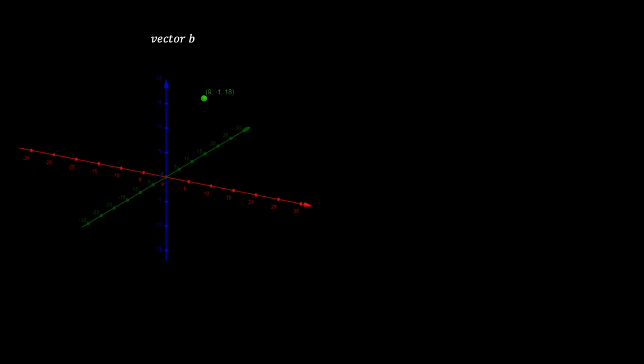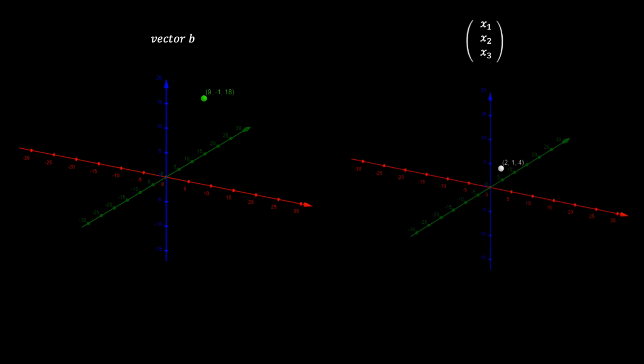Let's visualize this example in a three-dimensional space. Suppose b is (9, -1, 18). We can find the corresponding vector (2, 1, 4) to hold the equation.